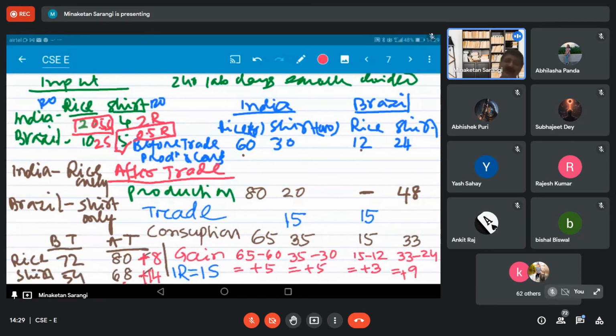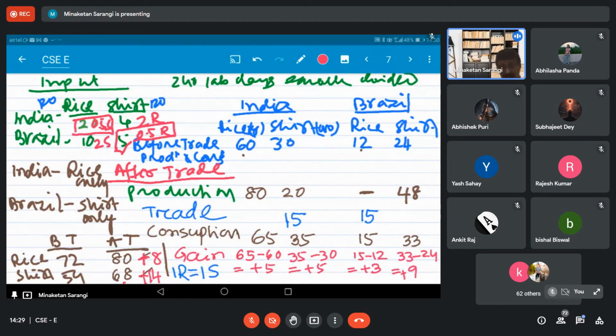When we'll utilize partial specialization, first test the complete specialization, and if the total production of commodities is less than the total production of commodities before trade, then you can think of going for partial specialization and allowing a country to produce both the commodities.